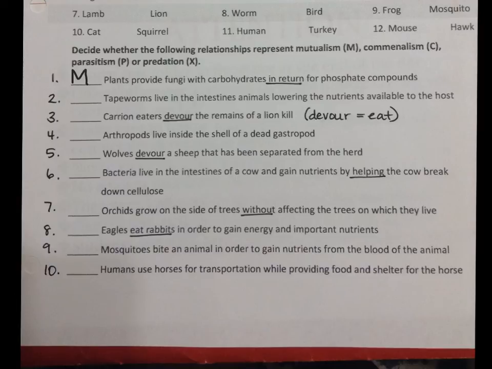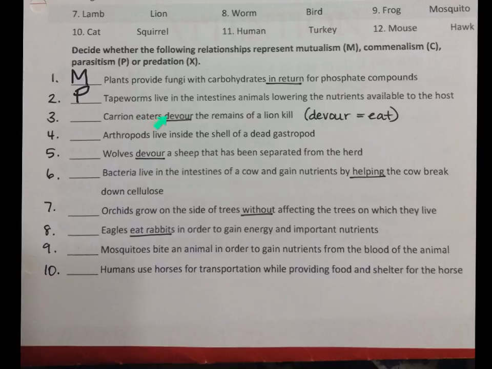On number 2, tapeworms live in the intestines of animals, lowering the nutrients available to the host. Tapeworms are parasites, so the answer is parasitism. You're going to write the letter P.